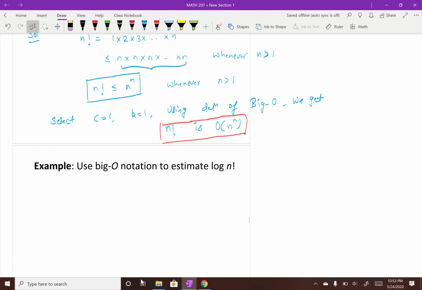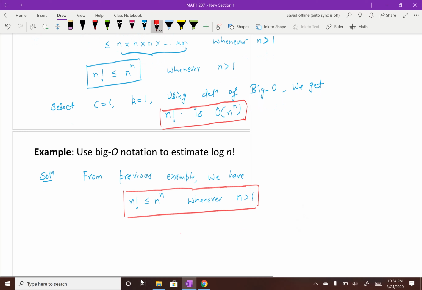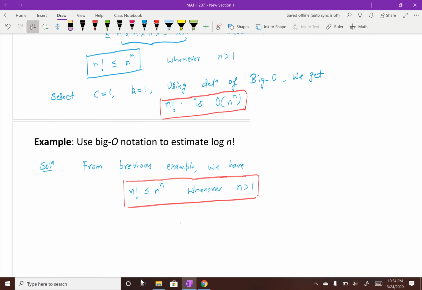In my next example, I want to use the big O notation to estimate log of n factorial. In our previous example, we have that n factorial is less than or equal to n to the power n whenever n is greater than 1. Then you can take the log of both sides.